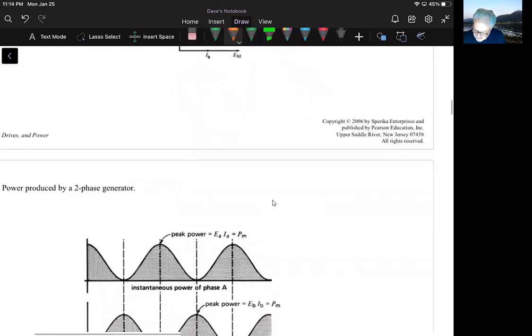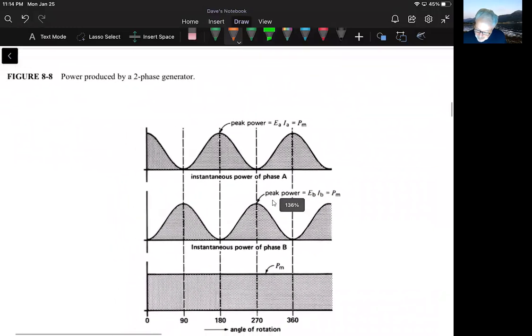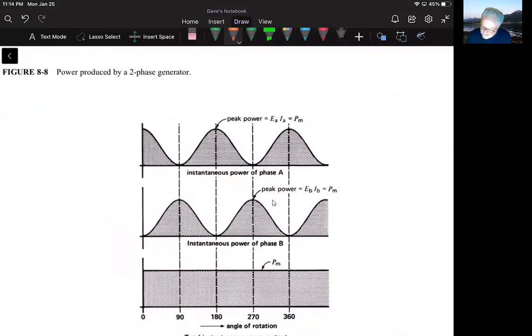If we look forward to figure 8.8, we're looking first at phase A, and what we see is that familiar power output curve, which is the product of the instantaneous voltage and the instantaneous current. Here is phase A, and here is phase B.